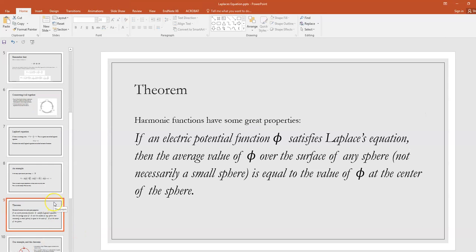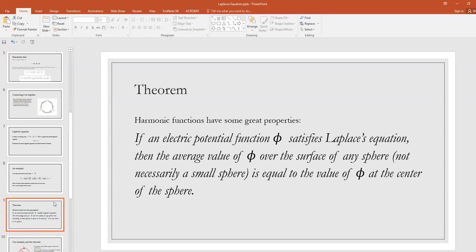Now, there's some interesting fallout from Laplace's equation, which is del squared phi is equal to 0. Remember that the solutions to del squared phi equaling 0, the solutions to Laplace's equations, are called harmonic functions. And those harmonic functions have some really interesting properties. So we're going to discuss a couple of theorems that apply here.